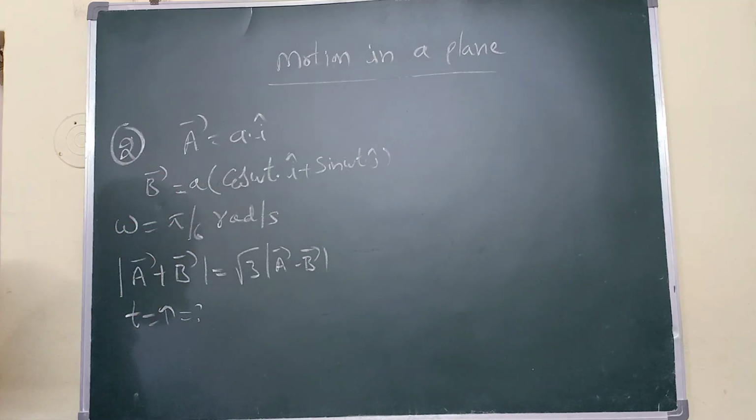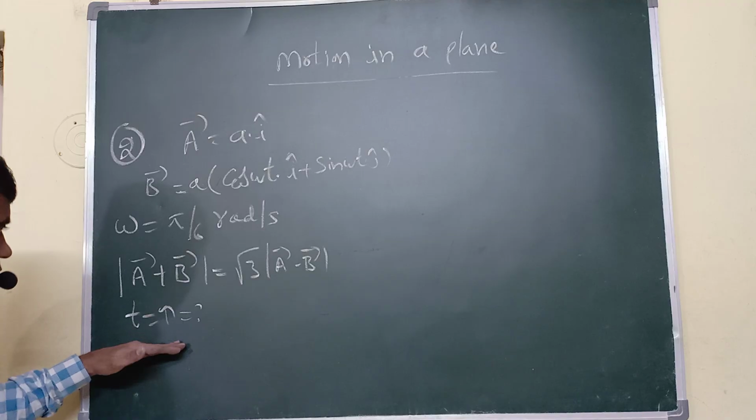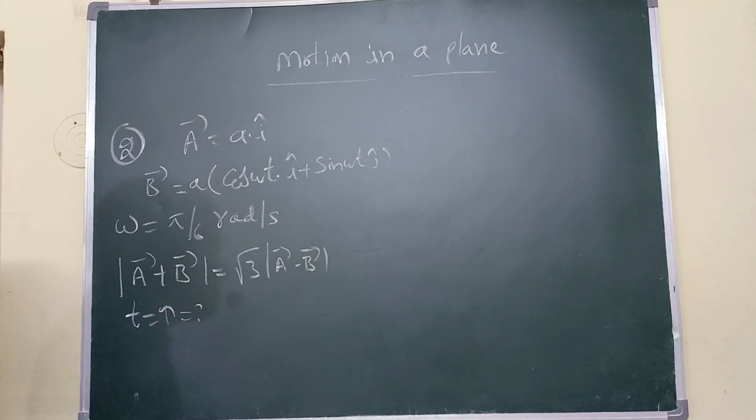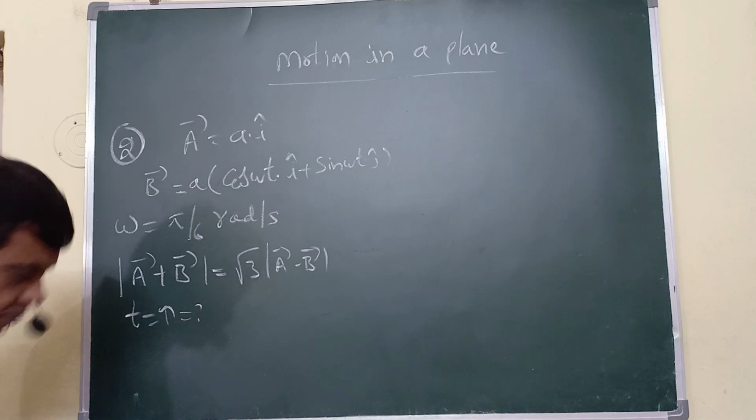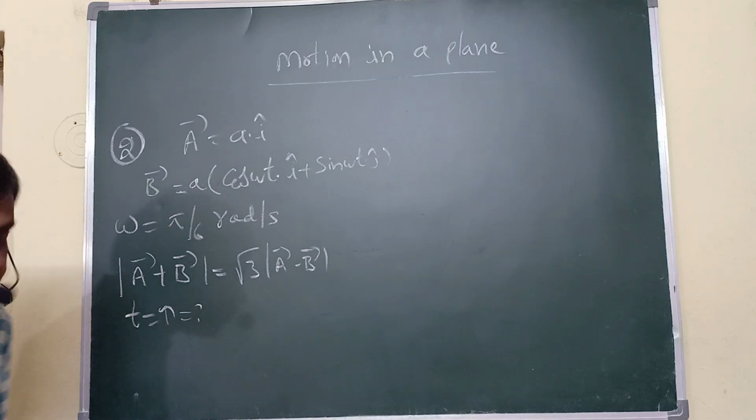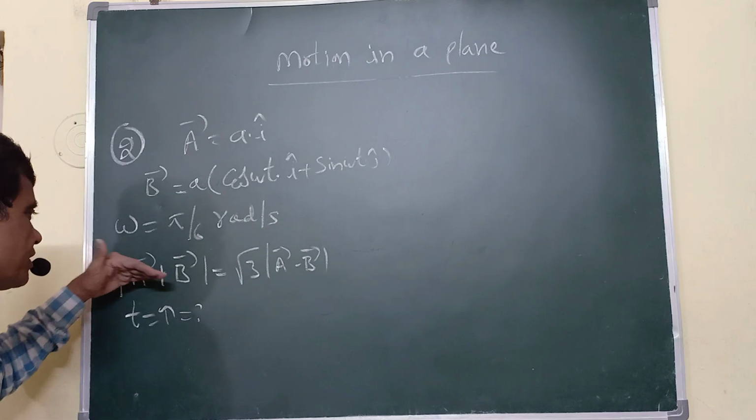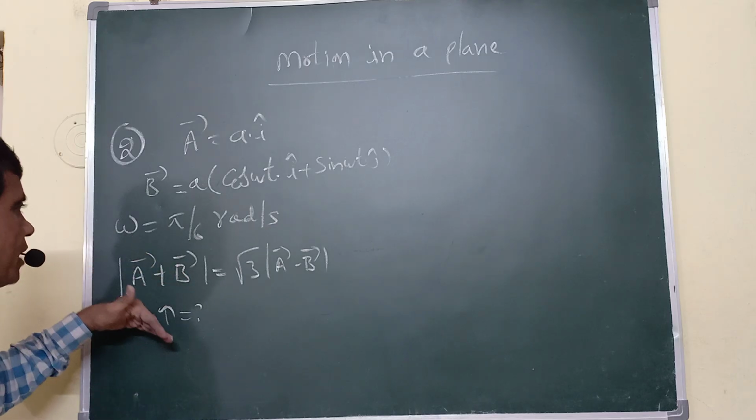These are the two vectors. At tau time, what happens? This condition is created. So what is the time? The time we want to find. So this is our question. We apply this condition and find the corresponding time.